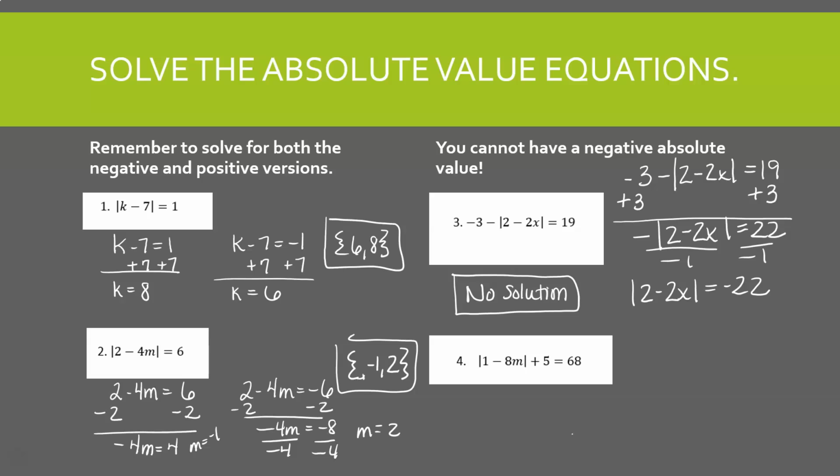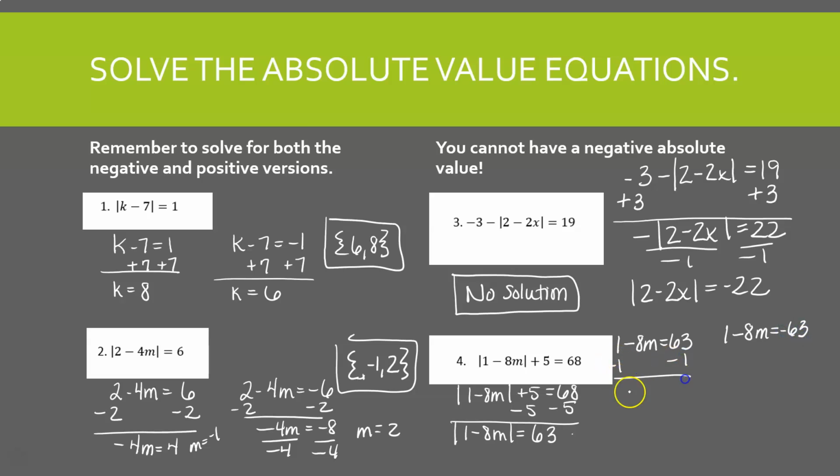This next one, I'm going to subtract 5 from both sides. So I have the absolute value of 1 minus 8m equals 63. I'm going to solve twice. I'm going to subtract 1.